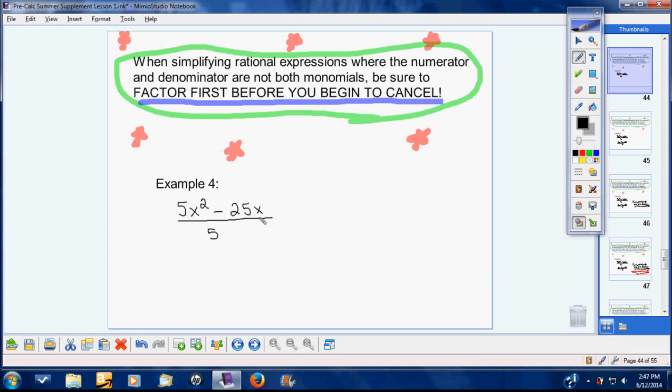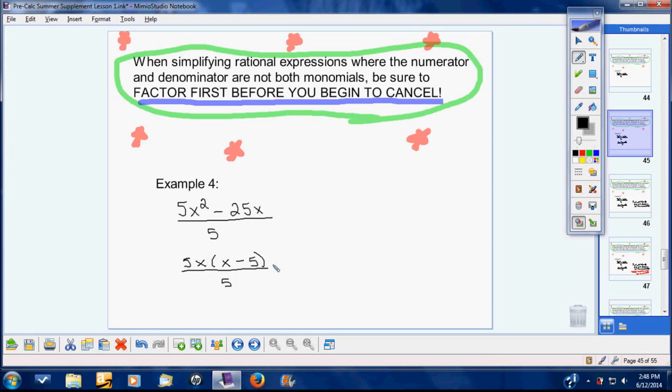It is a polynomial. 5x squared is a term. 25x is a term. Factor them first. 5x divides evenly into 5x squared and 25x. So the first thing you're doing, 5x times x gives you 5x squared. 5x times 5 gives you 25x.